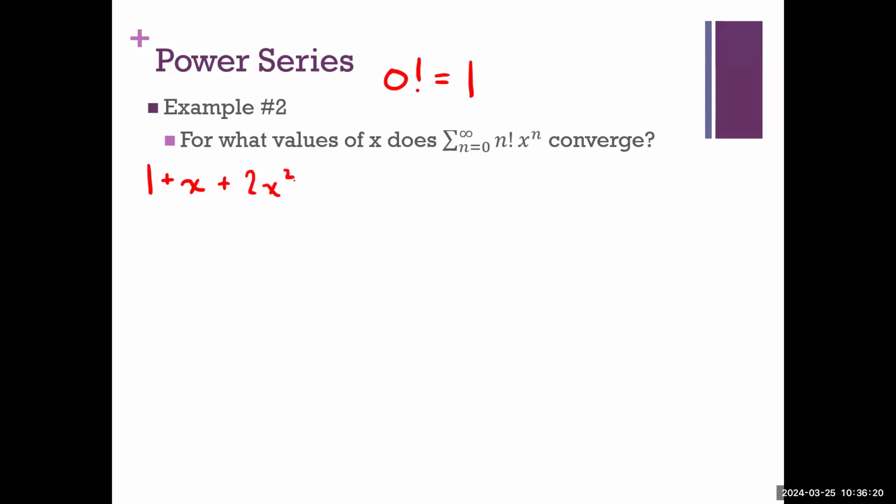So 2x squared plus 6x cubed plus 24. So those coefficients are going to keep getting very, very large.